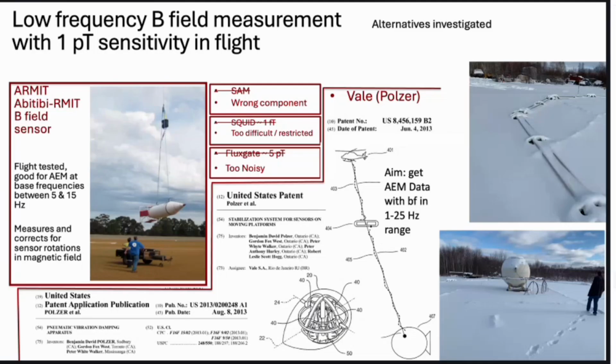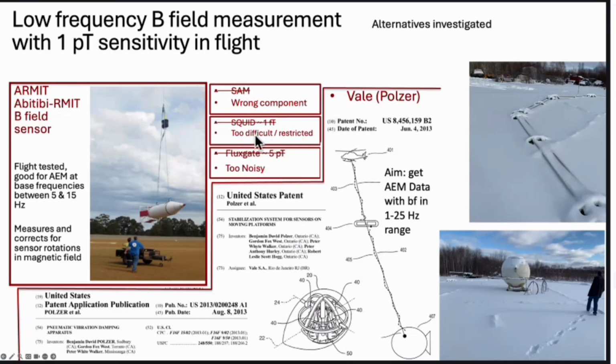There were various things looking at which sensors could do things. There was the one that we tested with the Elvira project. There were SAM systems, which measure the total field component, which would have the horizontal component in India and the vertical one at the poles.